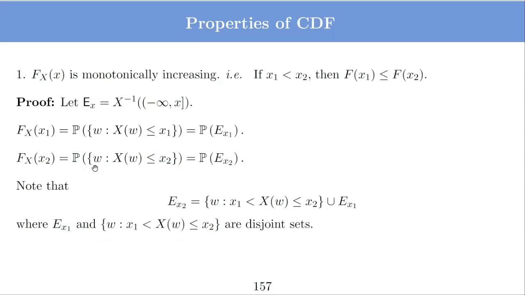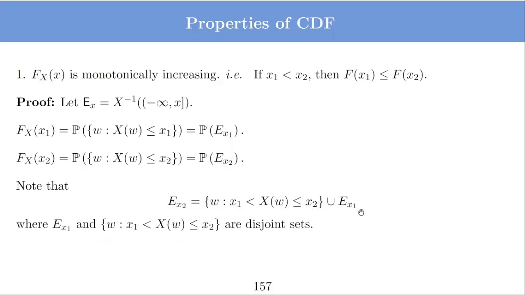Similarly, F_X(x2) is the probability that X(omega) is less than or equal to x2, and that is the same as the probability of the pre-image of (-∞, x2], which is E_x2. So now what we note is that E_x2 is the union of E_x1 and this set made from all omega such that X(omega) is greater than x1 and less than or equal to x2.